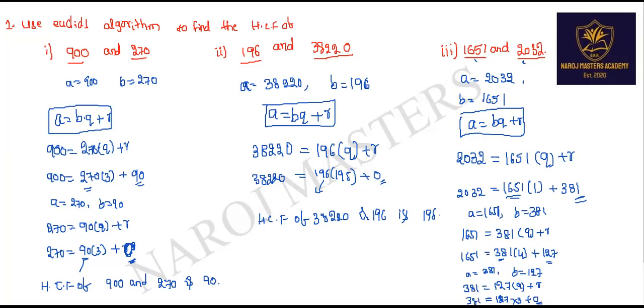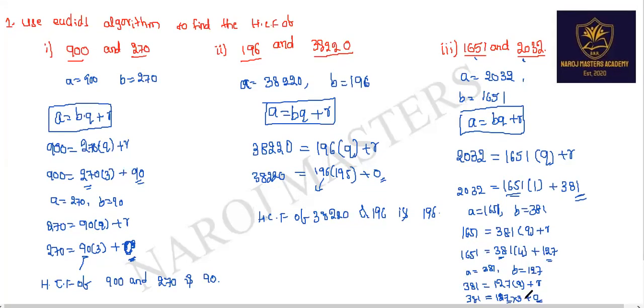Here the R value is equal to 0. So we can say that the value of B is our HCF. So hence the HCF of 1651 and 2032 is 127. Understood?